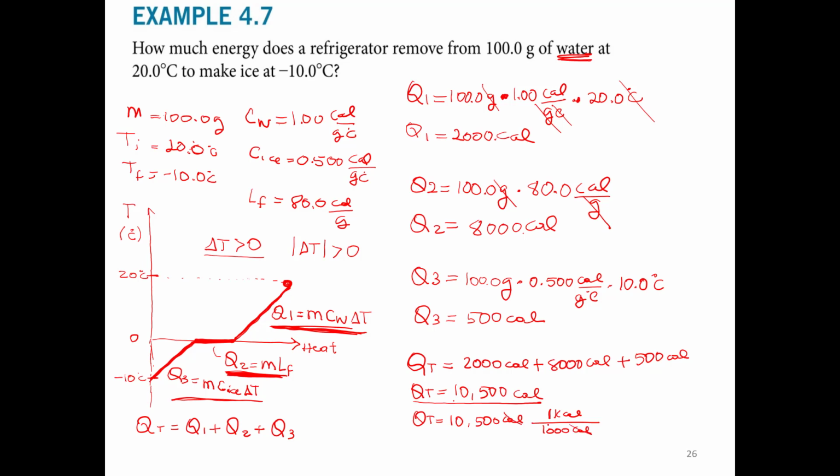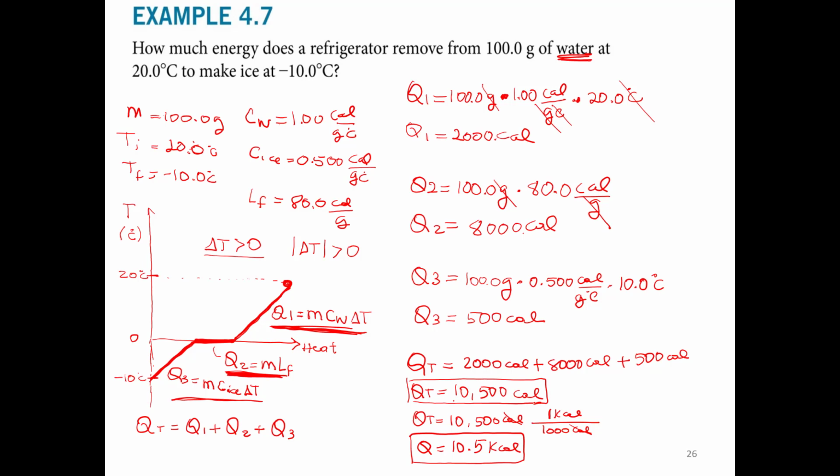Let's cancel out. Then we divide by 1,000, and it will be 10.5 kilocalories. This is the answer in calories, and this is the answer in kilocalories.